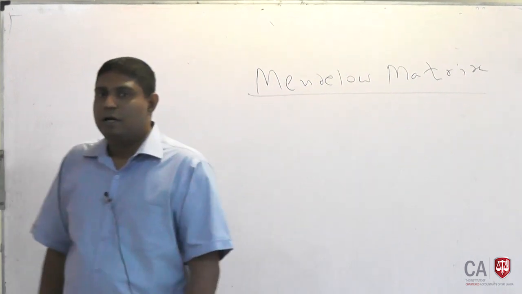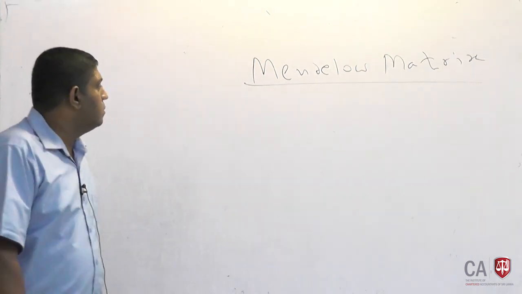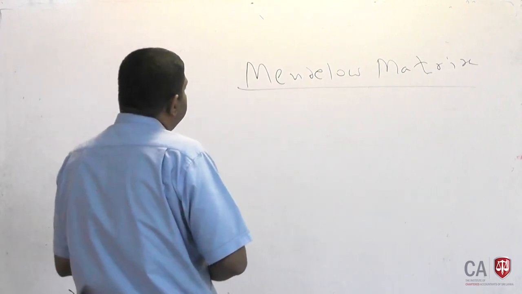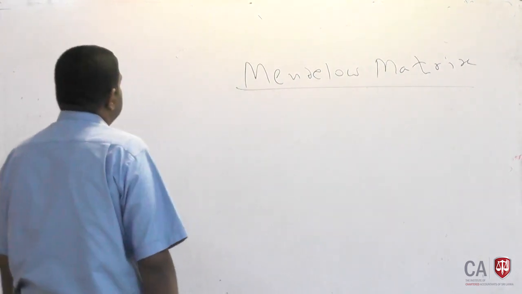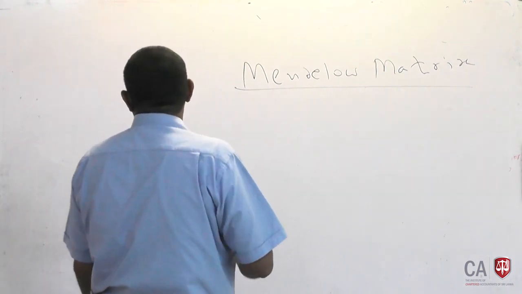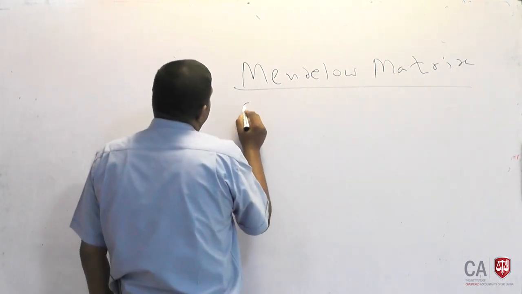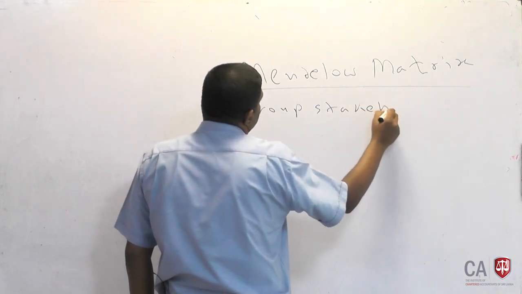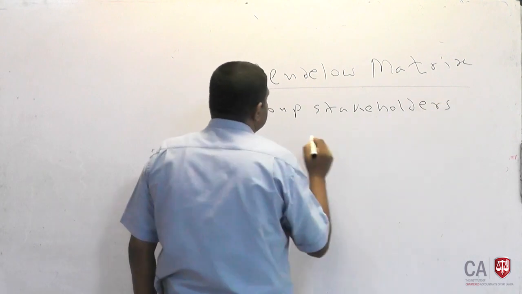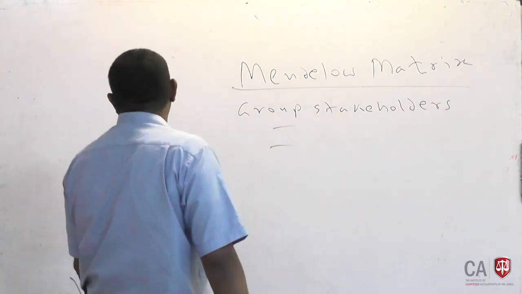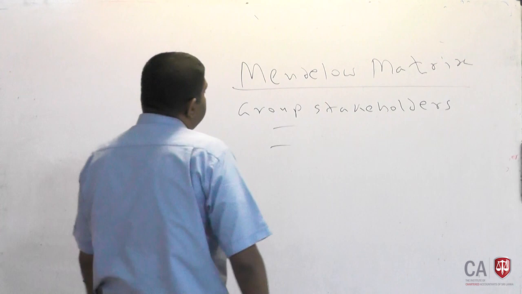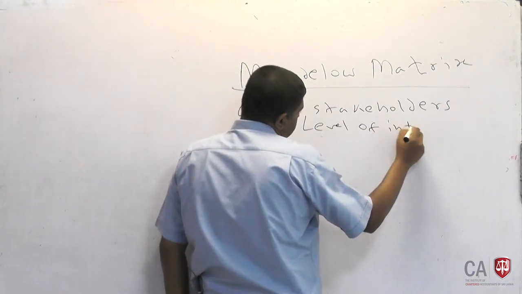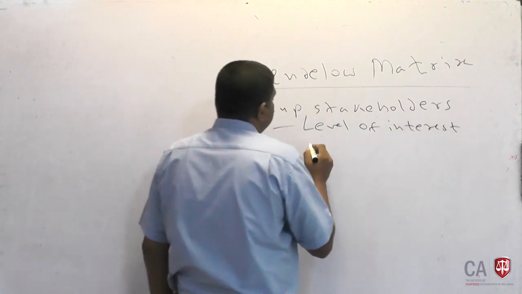Mendelov matrix. Look at the Mendelov matrix. In the Mendelov matrix, we are trying to do two things. The first one is we try to group stakeholders based on two criteria. One is level of interest, the other one is relative power.